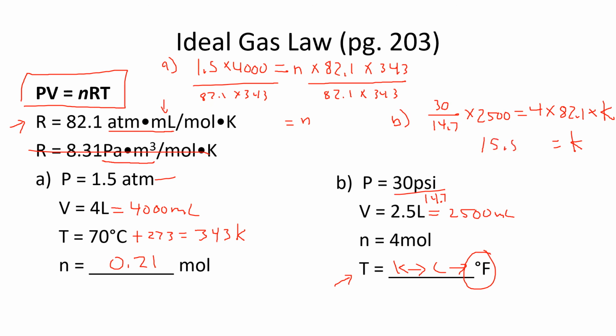of 15.5. Let me double check. Is that what you got? 15.5. All right, so let's go ahead and subtract 273, right? Now give us Celsius. So we are at negative 257.5, and then convert to Fahrenheit.